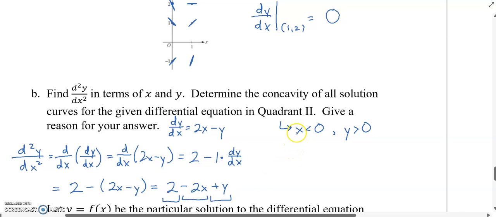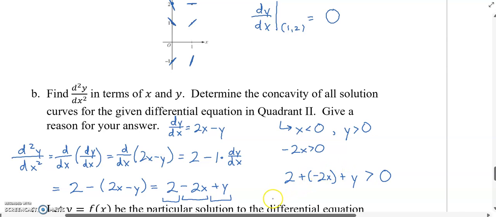So we know that because x is less than 0, negative 2x is greater than 0. So we know that 2, which is greater than 0, plus negative 2x, which is greater than 0, plus y, which is also greater than 0, is three positive values. So that when we add them up, we get something that's greater than 0.